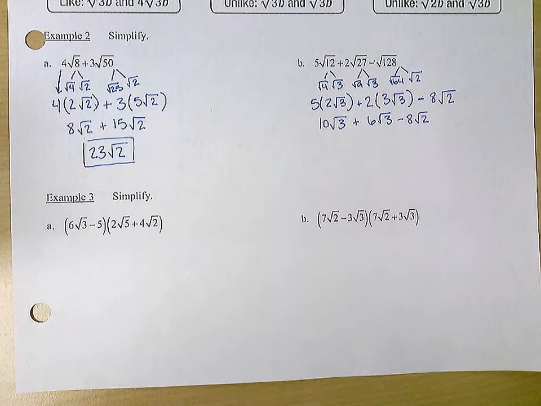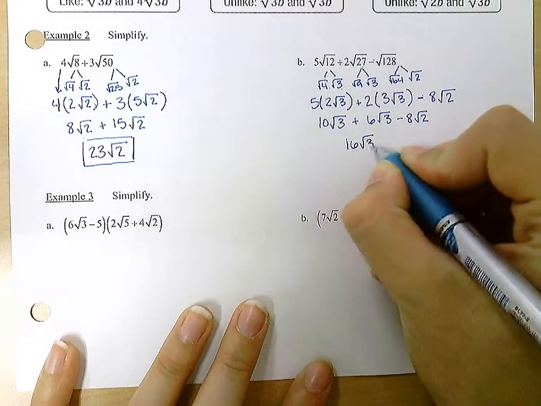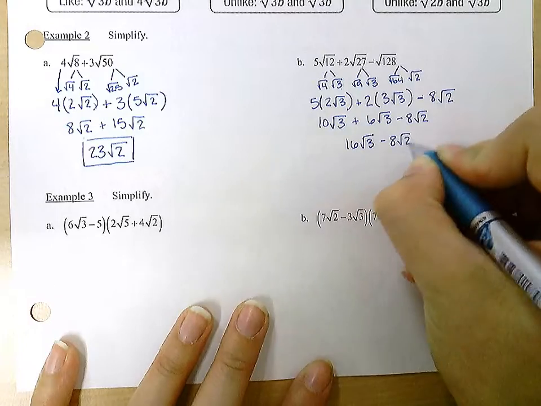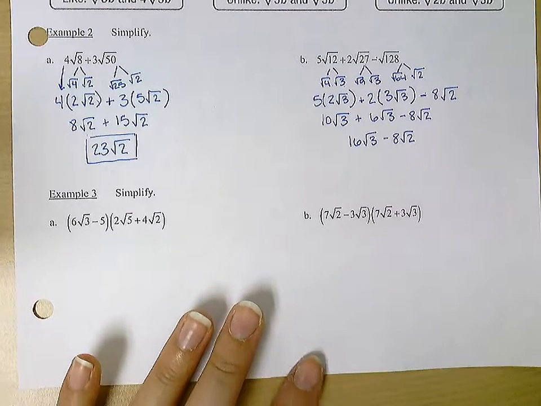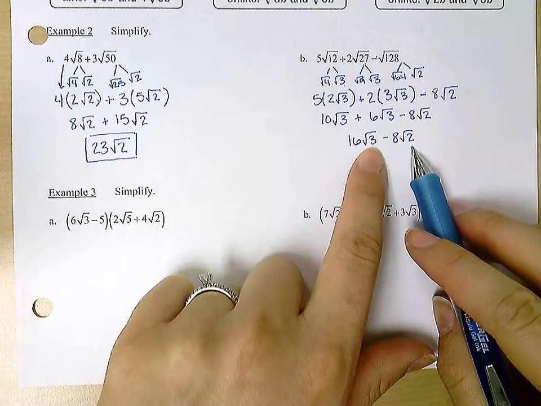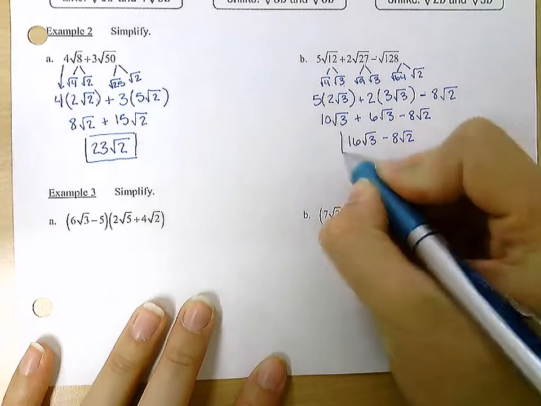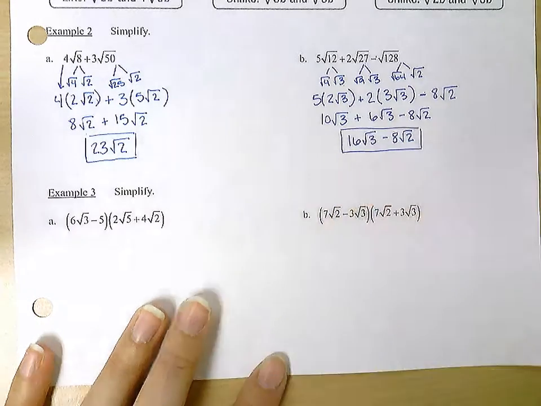Yes, which two? 10 and 6. Can I combine those two terms? No. Your number on the inside, your radicand, is different, so you cannot combine those. So then this would be my final answer.